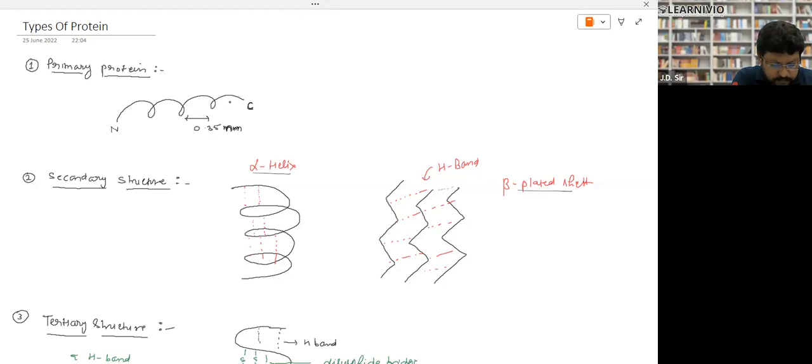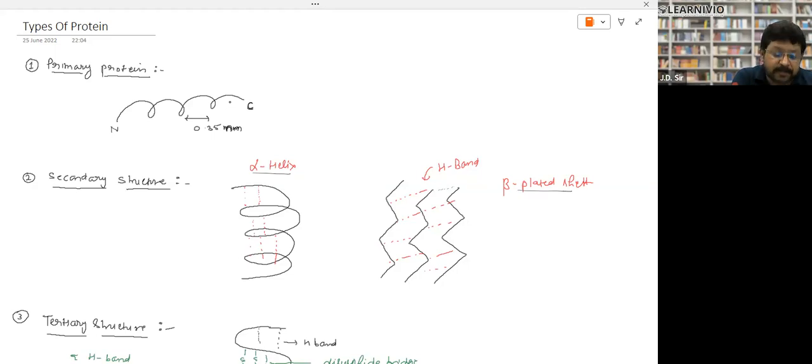Note down. In primary protein, the number and sequence of amino acids is decided by DNA. Full stop.